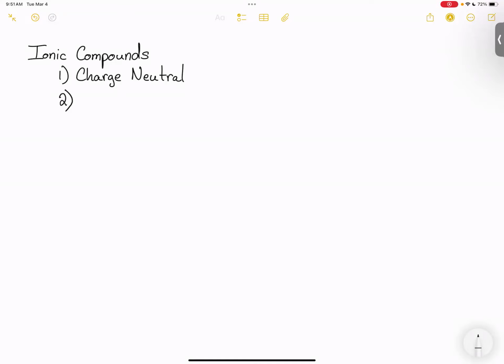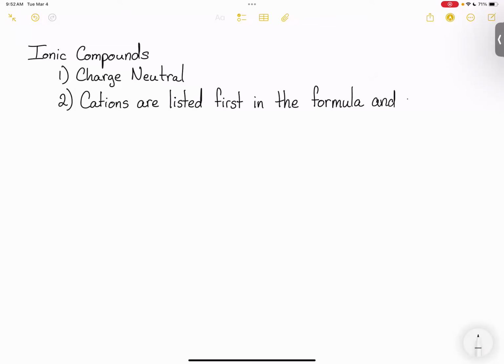Number two, cations are listed first in the formula and the name of an ionic compound.